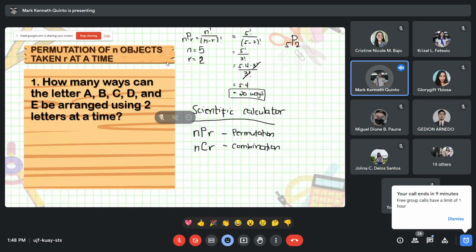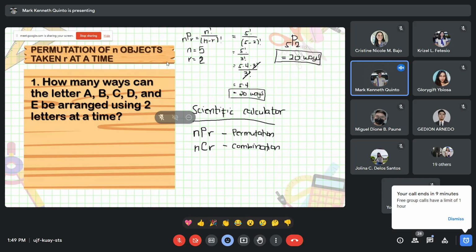So what we need to do is click 5, then click the NCR button, or whatever is on your button. Sometimes it is reversed. On mine the button says NCR, so I shift it to make it P. So it becomes 5P, then click 2. Did you get it? Are you following? Now, when you click equal, the answer is still 20. So the permutation of 5 objects taken 2 at a time is equal to 20 ways.